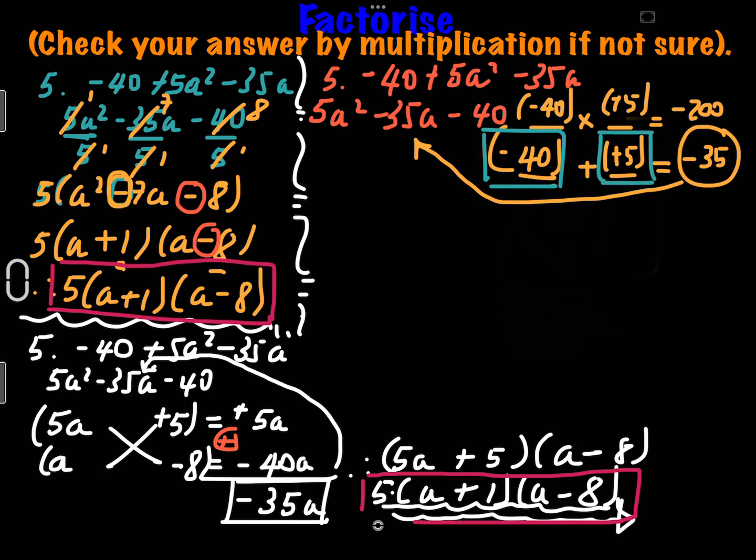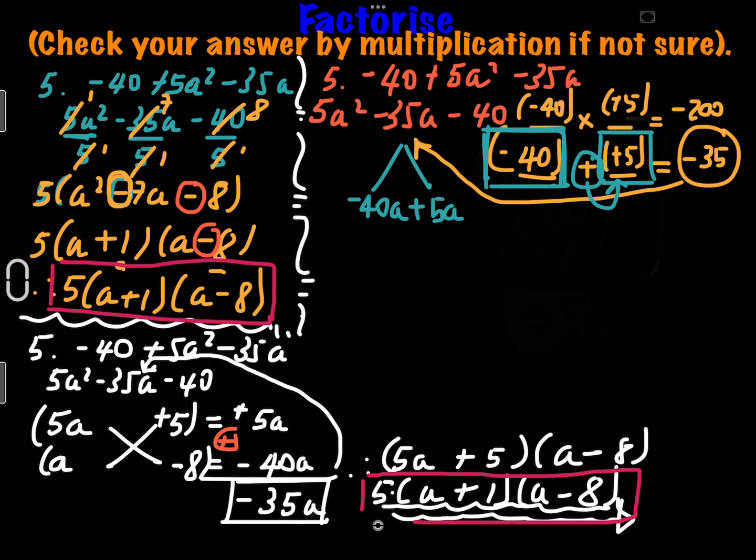So we know that we're going to simply take these two terms. So we have 40, and I'm going to split them up in two. So I have negative 40, which is this value here. It's negative 40a. Now positive multiplied by positive gives us positive, so I write positive there, and then that's positive 5a.